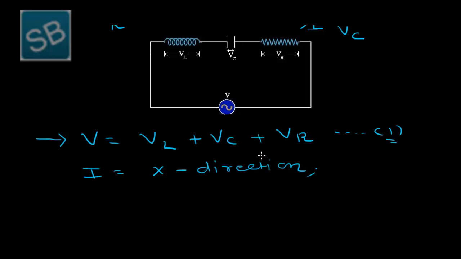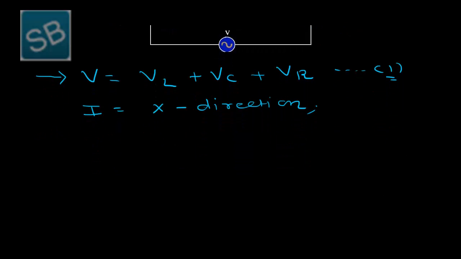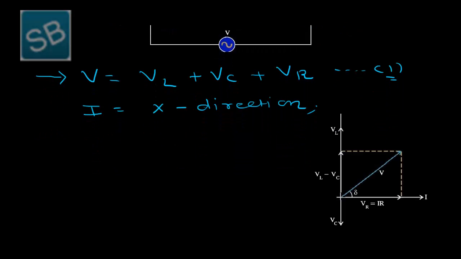Then the phase diagrams for each component can be given by the following figure. Here you can see the direction of voltage containing only the potential difference across the resistance, and here the voltage consisting of VL minus VC.